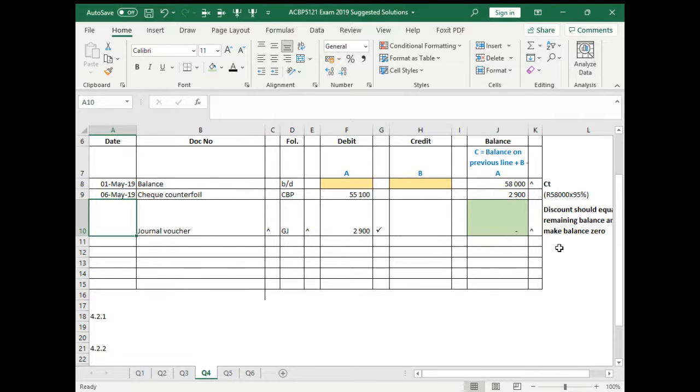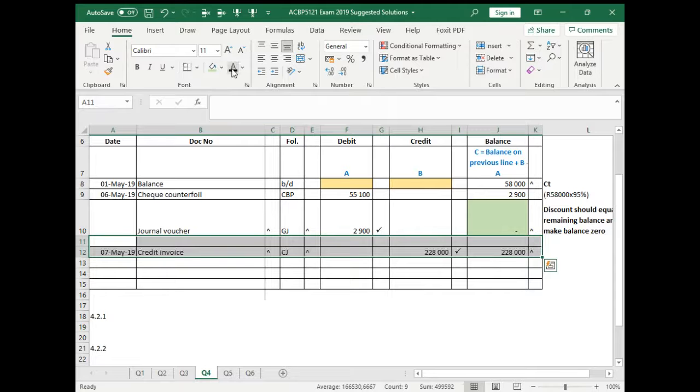Then we said we purchased goods on the 7th on credit for 240,000 less 5% trade discount. Okay, so when I purchase goods on credit, my document is an invoice, and it's a credit invoice normally. Okay, so it's a credit invoice. If you wrote an invoice, we probably would have given you the mark as well.